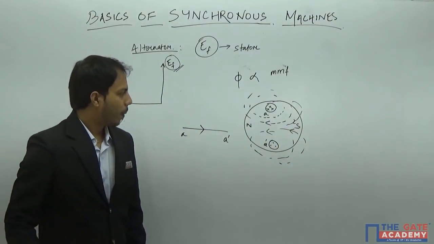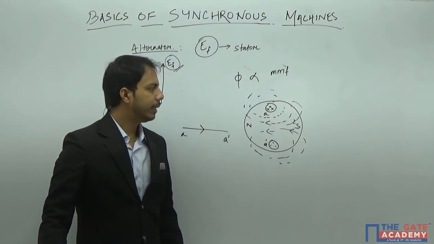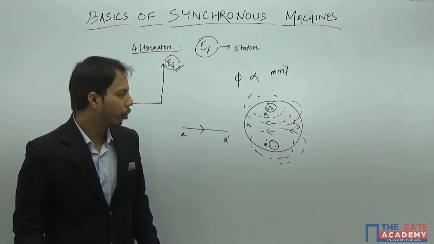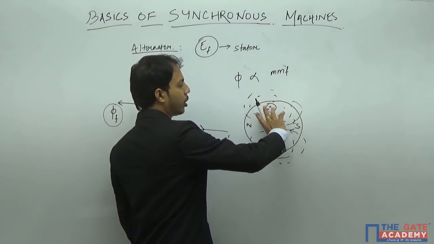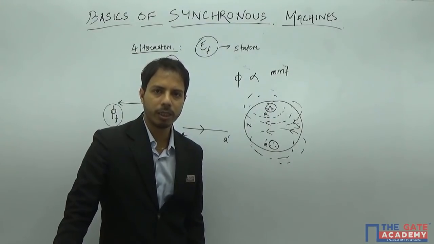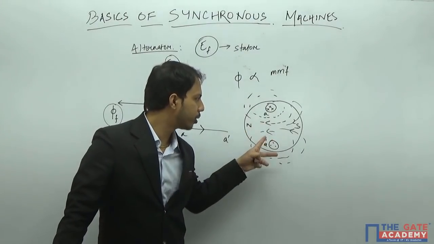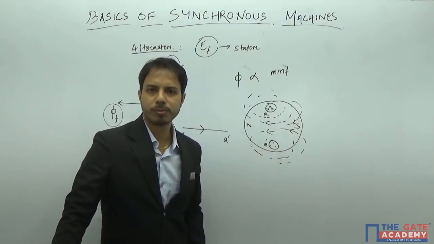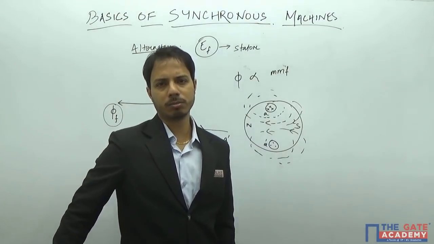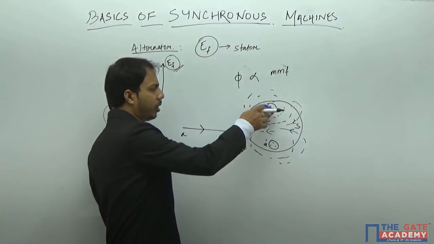Now this north pole and south pole is not sinusoidal throughout the air gap. This type of slot or winding is called concentrated winding. That means we will have 2 slots for 2 poles, and each slot may have more than 1 turn, as many turns as you want to give.